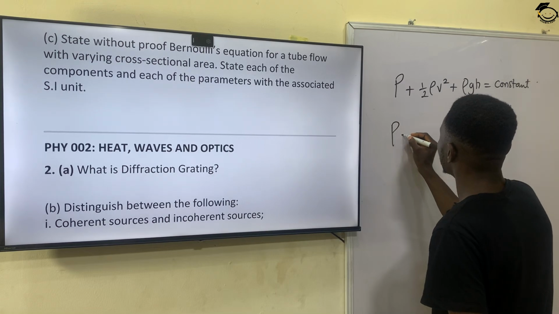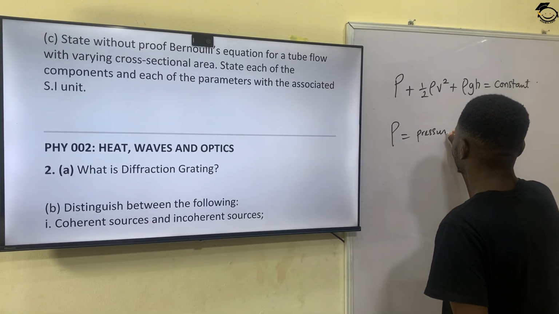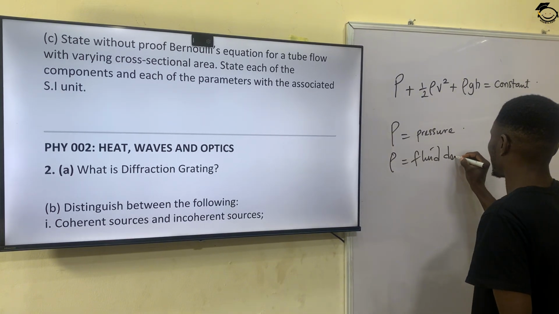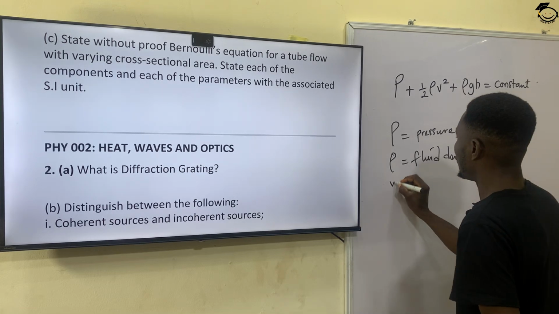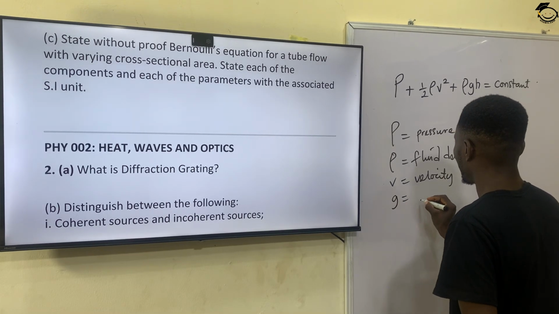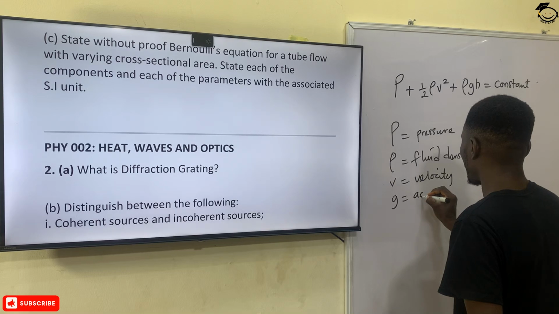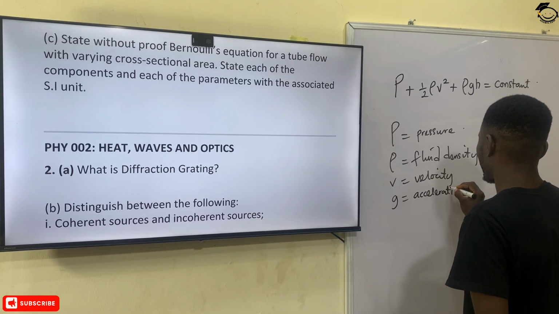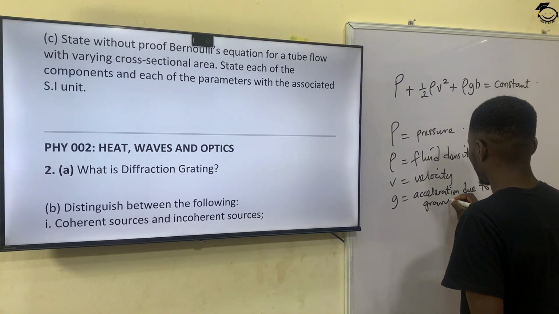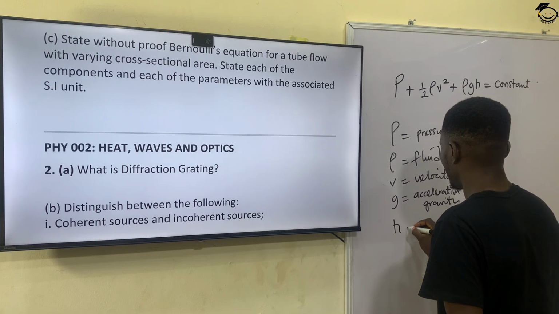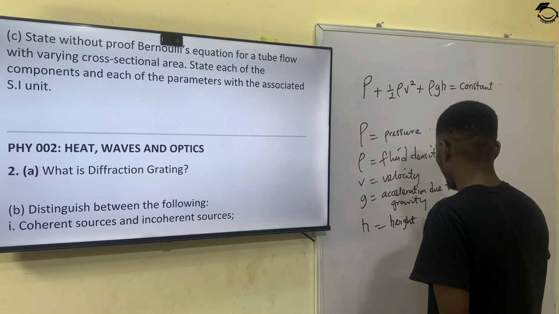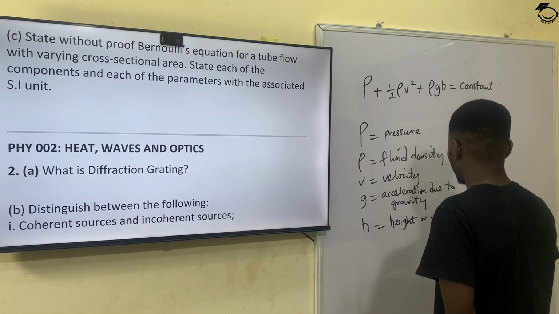where P here is pressure, rho is fluid density, V is velocity, g is acceleration due to gravity, and h is height, or you can say vertical distance.